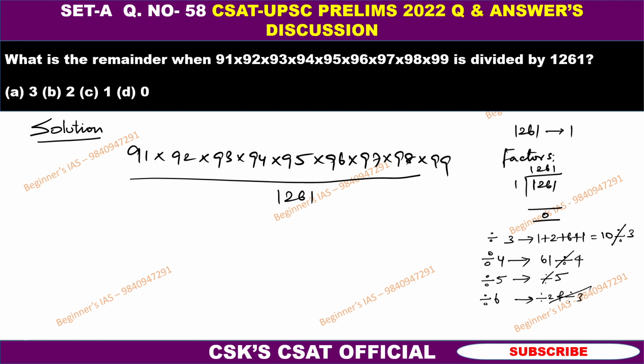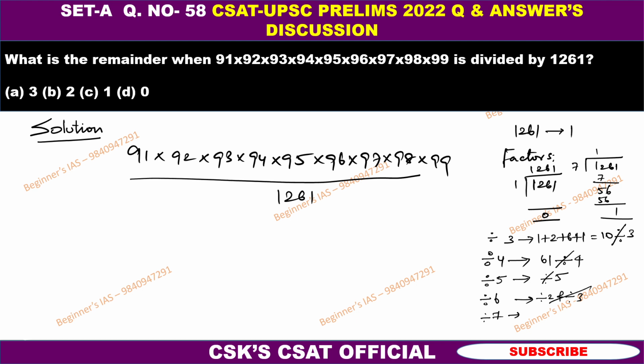Now let us check divisibility by 7. Since these are very simple numbers, go with ordinary division. 1 times 7, 5 here, 6 here, so this is completely divisible, but here 1 is left, and 1 is not divisible by 7.